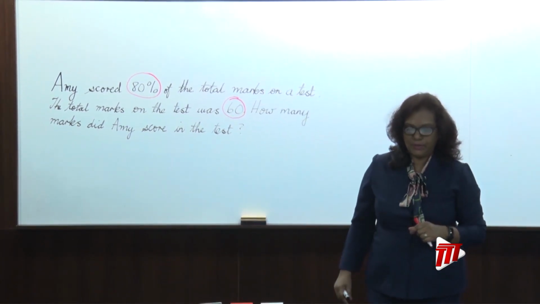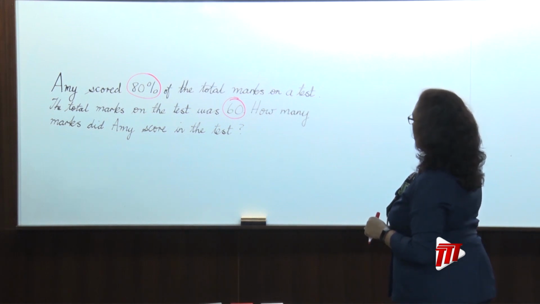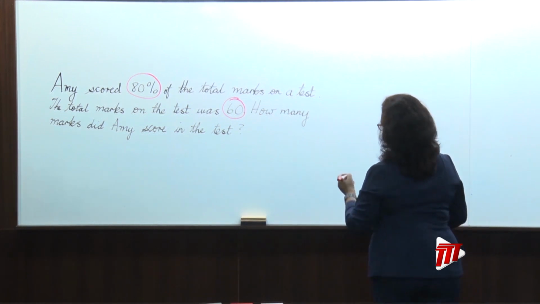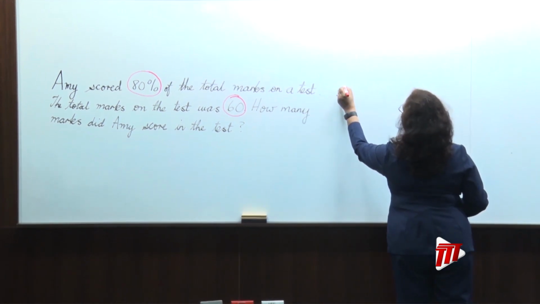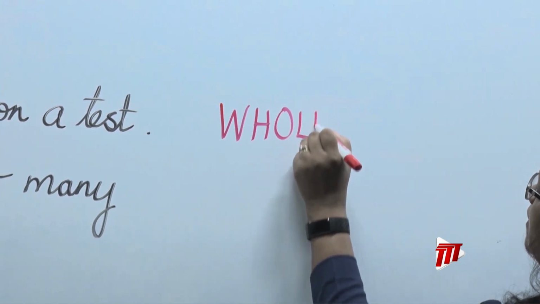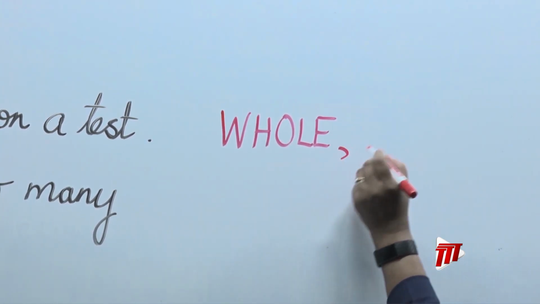What we have to remember when we are solving problems in which we want to find the percent of quantities is that we have to recognize what is the whole. We must know what is the whole. We must know what is the part.